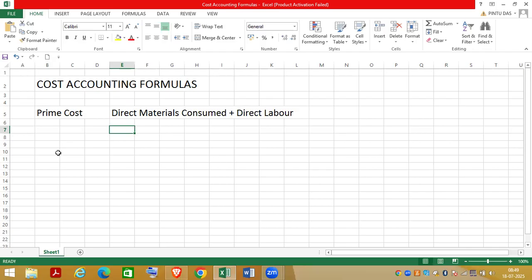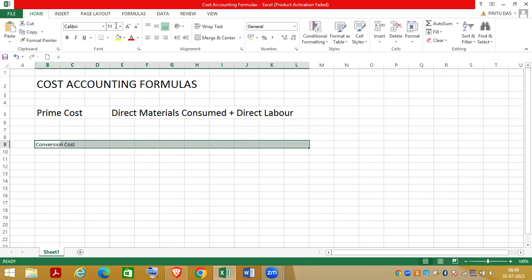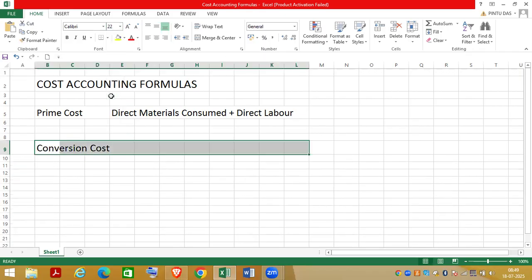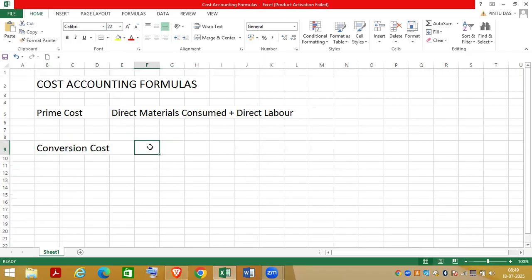Then the next cost is conversion cost. Now the conversion cost is the combination of direct materials, that is the raw materials, plus the factory overhead.